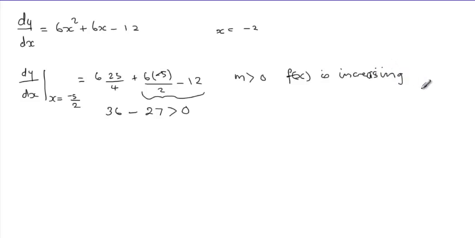Or you can say it's growing. I don't know, I think it's the same thing. The values of the function are growing. Then let's take the other one, which is dy/dx evaluated at minus 3 halves, which will give us 6 times 9 over 2.